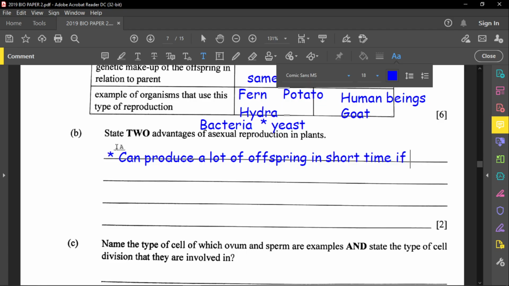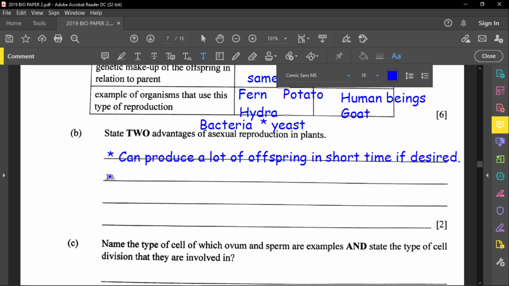If desired. I'm going to put it right there, if desired, because remember again, if you do not desire a lot of offspring, then that becomes a disadvantage, right? And especially for invasive species and so on, then it could become a disadvantage. So again, producing a lot of offspring in a short time, that is if it is desired.